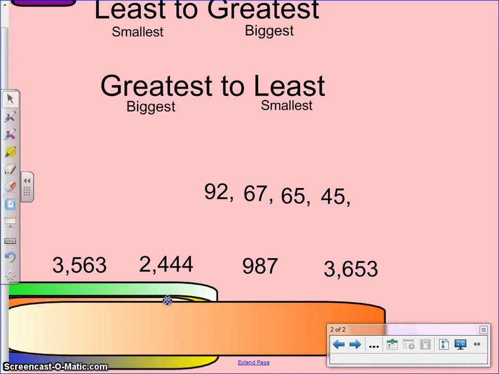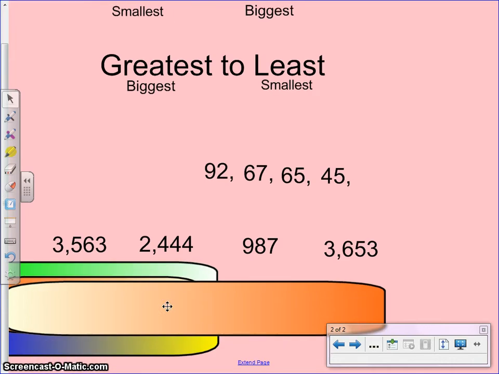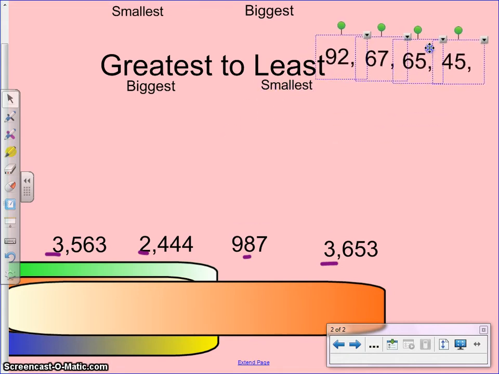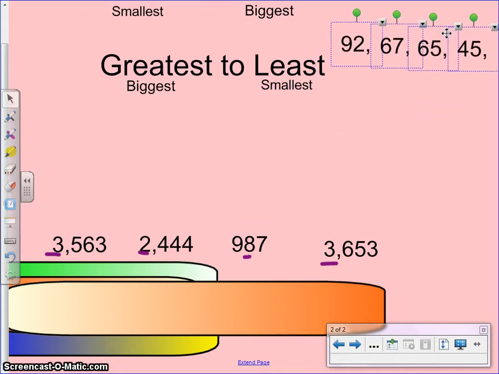For instance, if you look at these numbers, if I just go by the first digit in every number, then I might have something that looks like this. Let's move these out of the way. If I was telling you to order these numbers from smallest to biggest, or from least to greatest, and I just looked at the first digits of every number, then I might have something that looked like this.